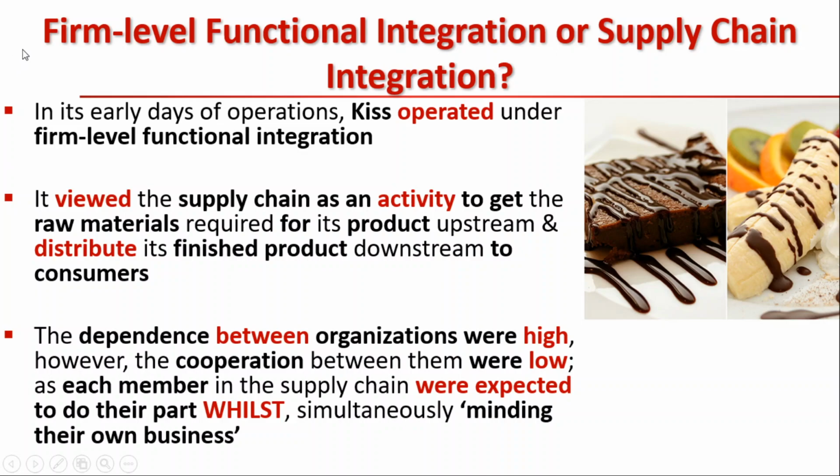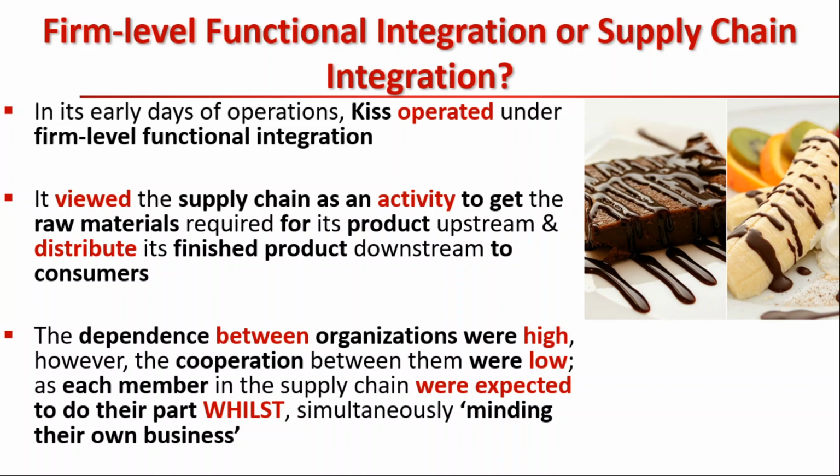So for the first point here, firm level functional integration or supply chain integration. In its early days of operations, primarily between the 1970s and the 1980s, KISS operated under firm level functional integration. This is because they actually produced two products, which would have been the cupcakes in orange and chocolate.